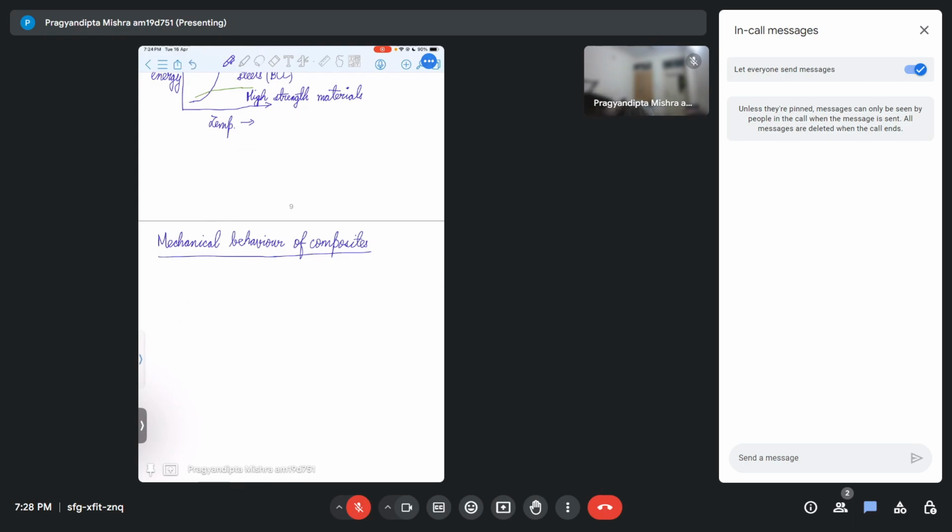Matrix plus reinforcement. So we'll understand what the matrix and what the reinforcement does for a particular composite. But before you go on, another important point: the elastic modulus should change significantly upon addition of reinforcement.